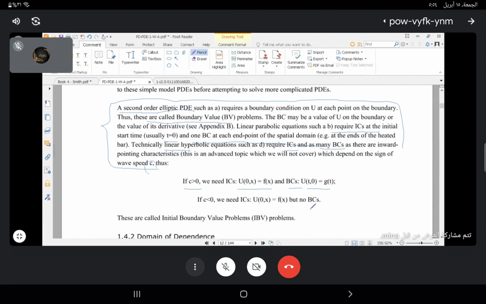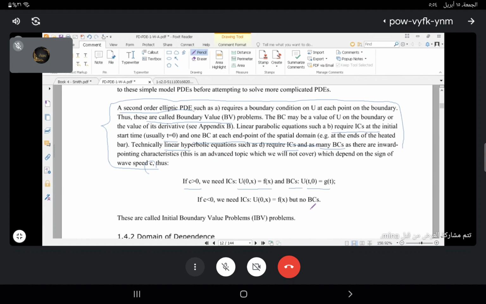If C is greater than 0, we need initial condition and boundary condition. But if C is smaller than 0, we need only the initial condition and we don't need a boundary condition.